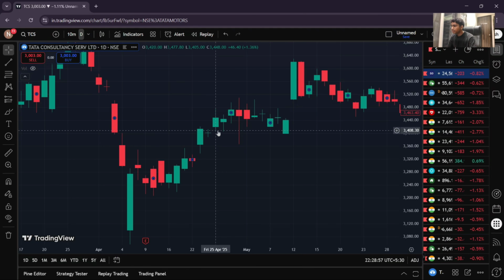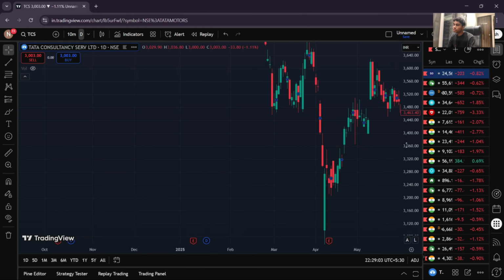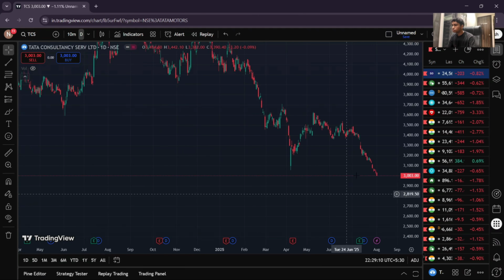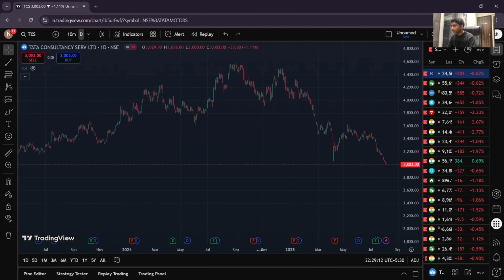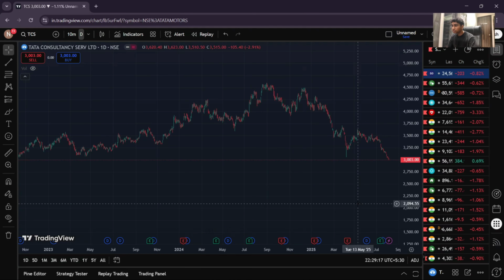This is the high it made, this is the low it made. Similarly, when you see multiple candles, you can see the direction or the movement of the price. It has moved from this point to this point. So this is the thing when it comes to candlesticks, and this is the way you can use the candlesticks to read the charts.